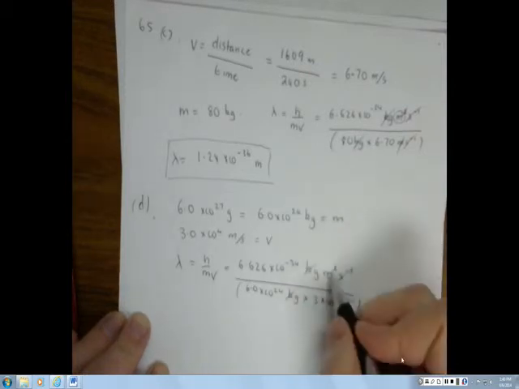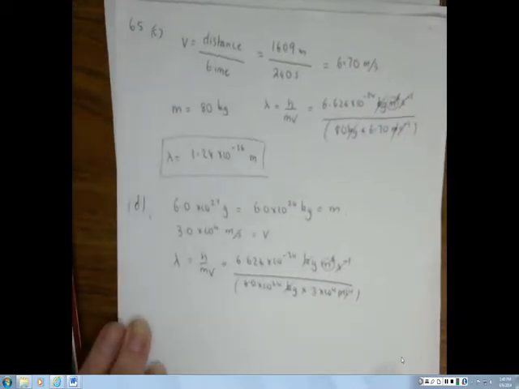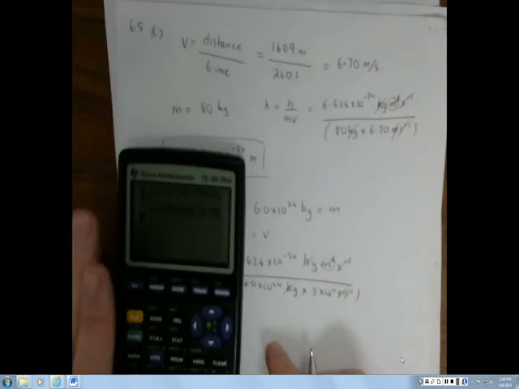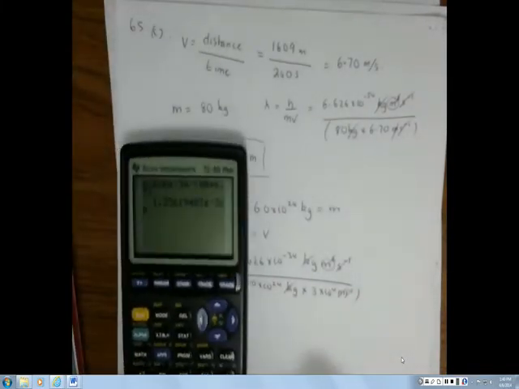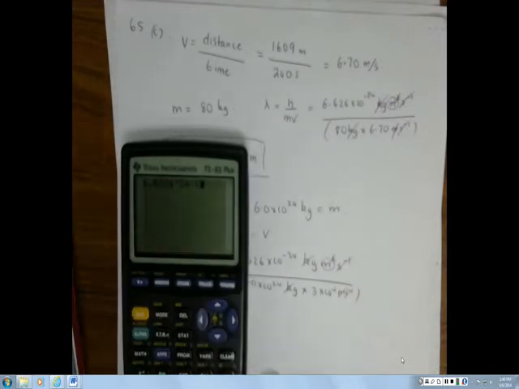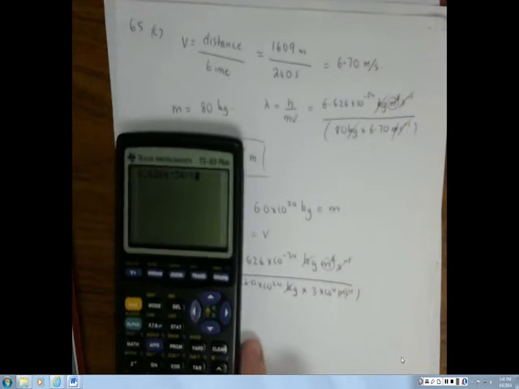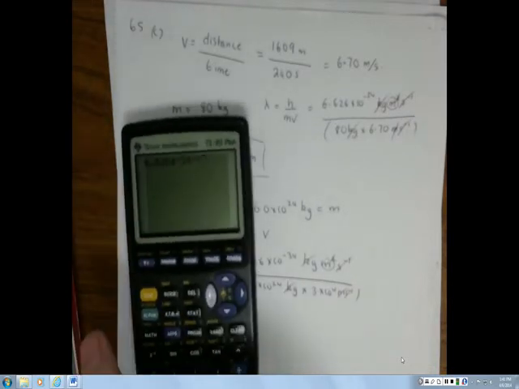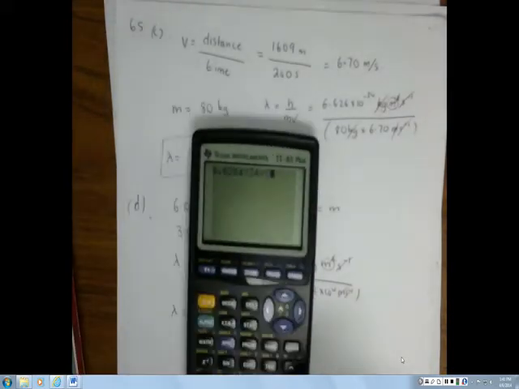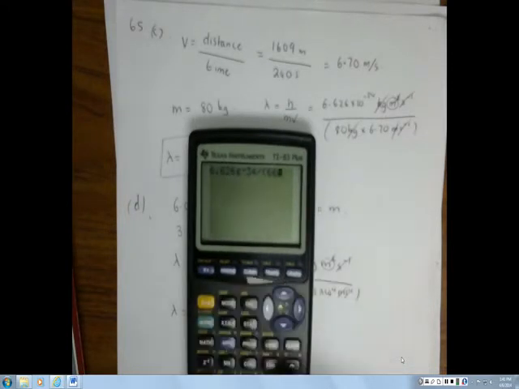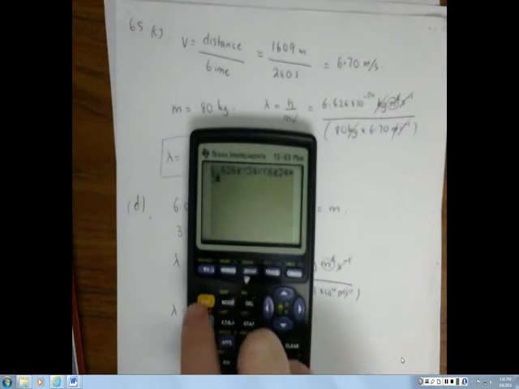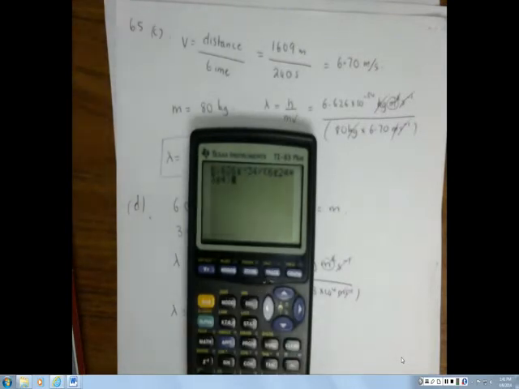Okay, leaves us with one of the meters remaining. So put this into my calculator, see what I get. 6.626 × 10^-34 divided by (6 × 10^24 kilograms times 3 × 10^4 meters per second).